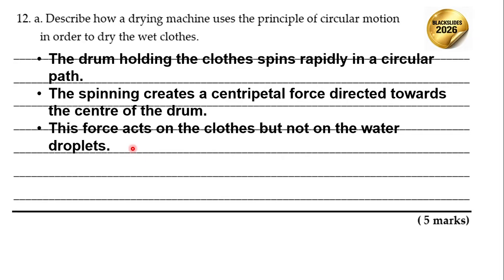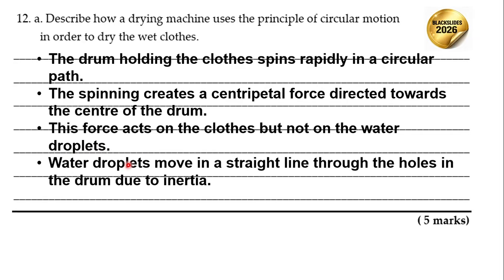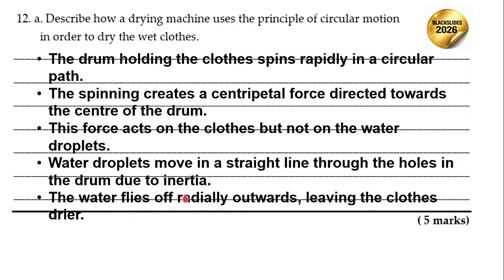As a result, the water droplets move in a straight line, tangentially through the holes in the drum due to inertia. The water flies off radially in all directions outwards, leaving the clothes drier.